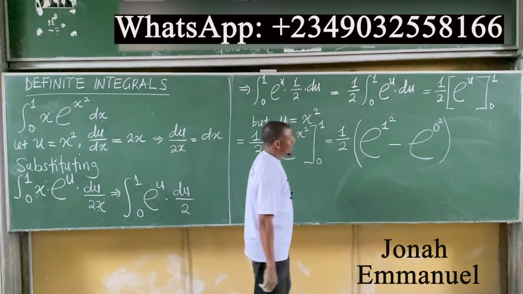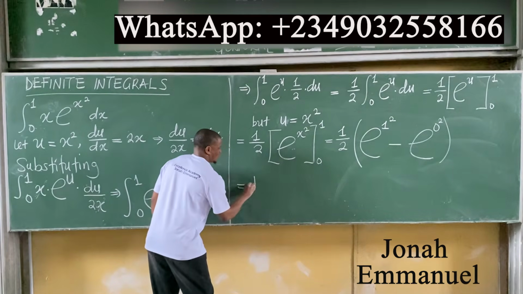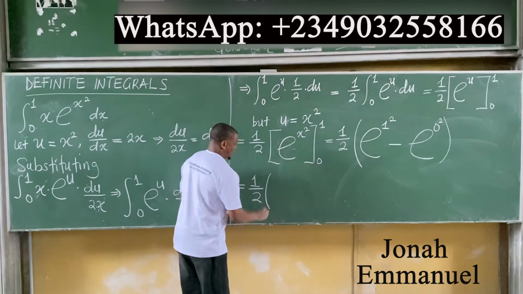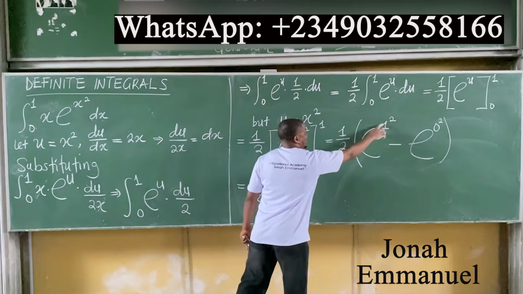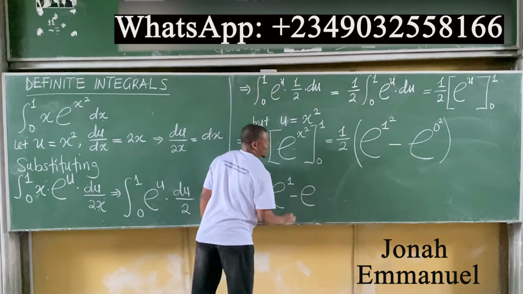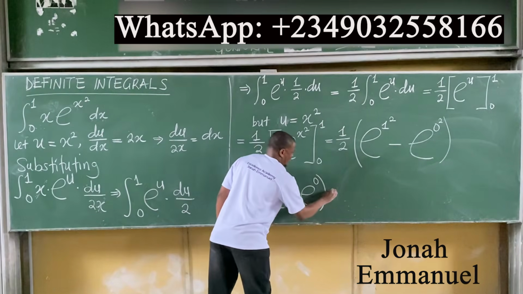So you have this. This is equal to 1/2 times exponential 1 squared, which gives 1, minus exponential 0 squared, which gives 0.